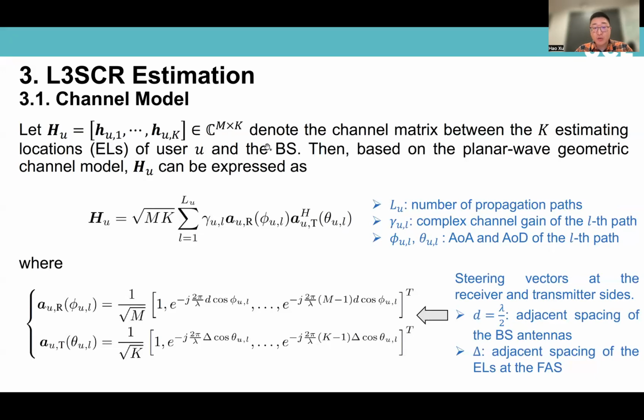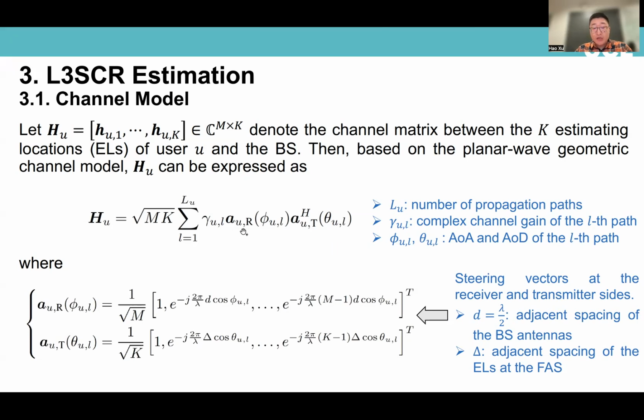The dimension of G_U is M by N, but the dimension of H_U is M by K. Based on the planar wave geometric channel model, H_U can be expressed in this form. Here, L_U is the number of propagation paths. Gamma_{U,l} is the complex channel gain of the l-th path, and phi and theta are the angle of arrival and angle of departure of the l-th path.